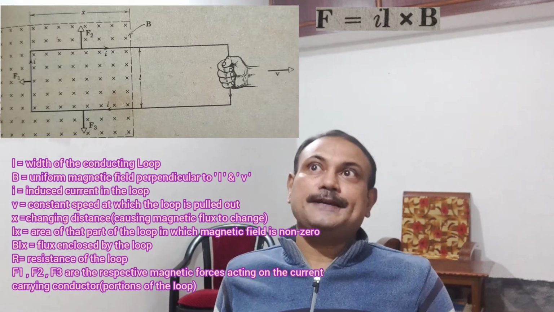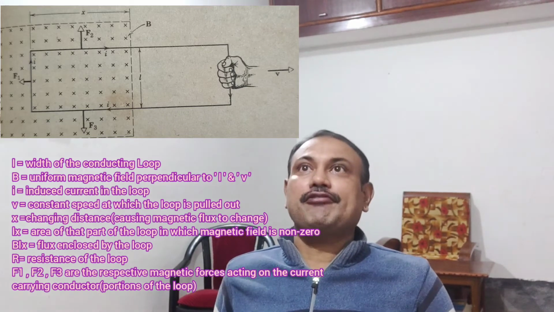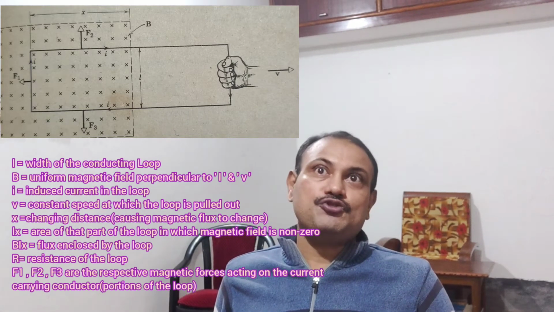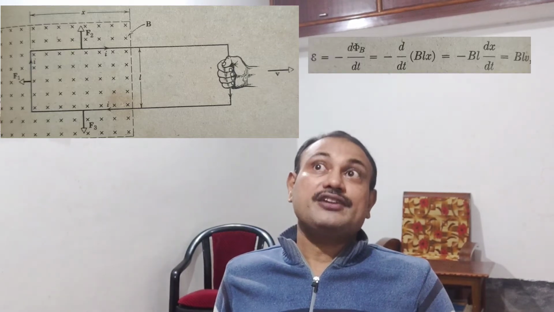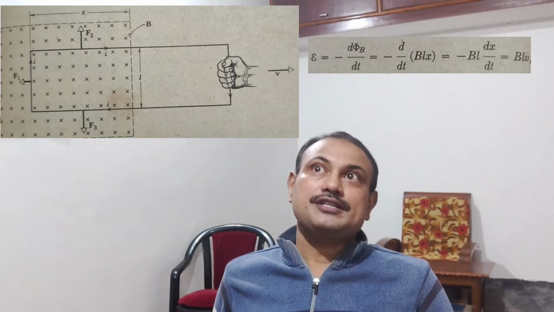Now, when pulling out the conducting loop, there is a change in magnetic flux, and by Faraday's law the induced EMF must be equal to minus d phi by dt, which equals minus d by dt of phi.